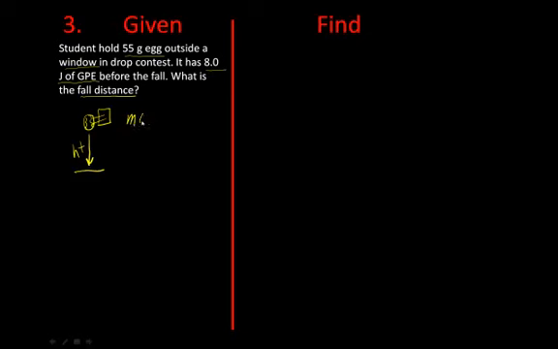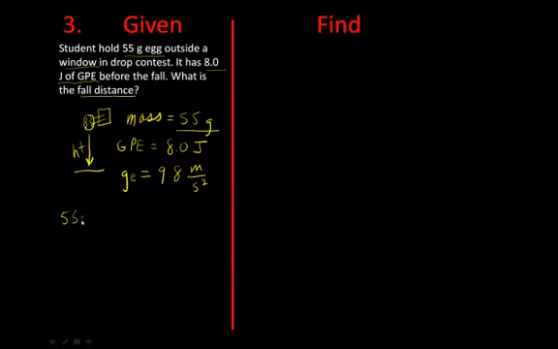We have a mass equal to 55 grams. We have a gravitational potential energy, and that's going to equal 8.0 joules. And we know that acceleration due to gravity here on Earth is equal to 9.8 meters per second squared. Well, one thing we notice, 55 grams, that's not quite the right unit that we want, so we need to convert it over.